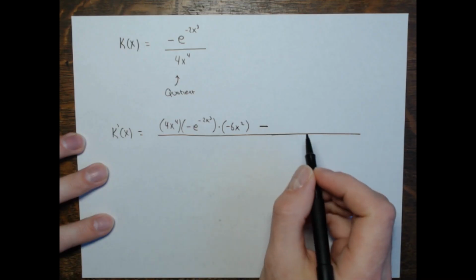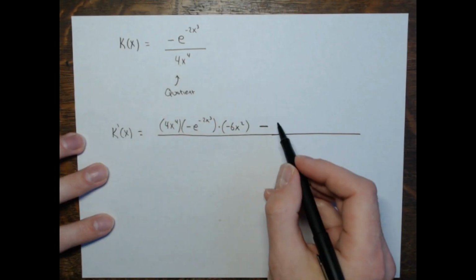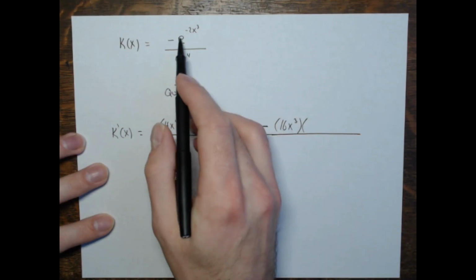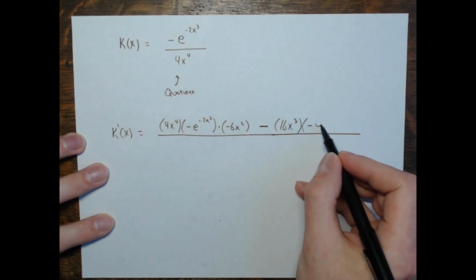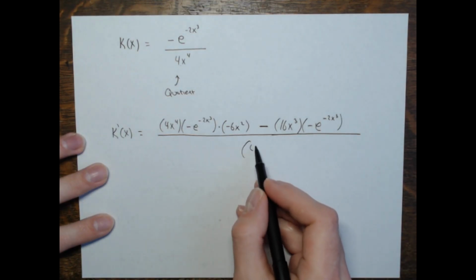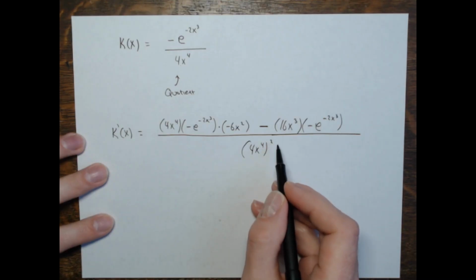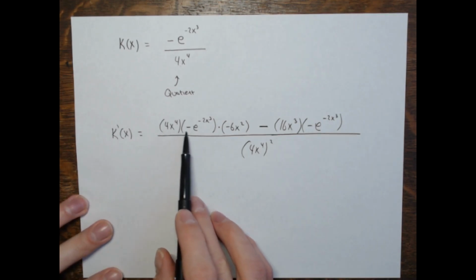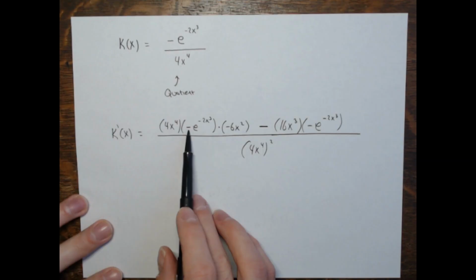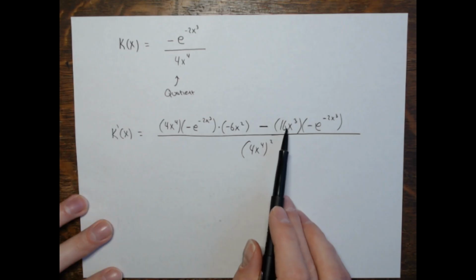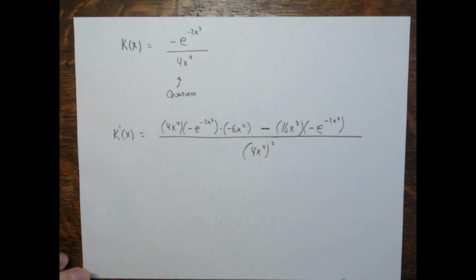And then you got minus the derivative of the denominator, 16x cubed, times, and leave the numerator the way it was, negative e to the negative 2x cubed. And then all that divided by the denominator squared. And if you want to simplify some things, you can. Like the coefficient on this first term here would be positive 24, and the coefficient on this second term would be positive 16. So I'll write that.